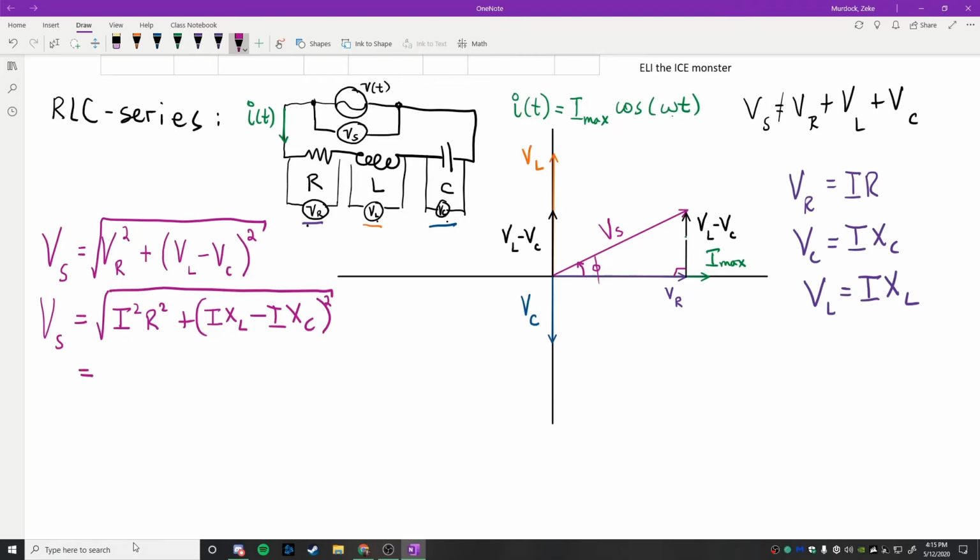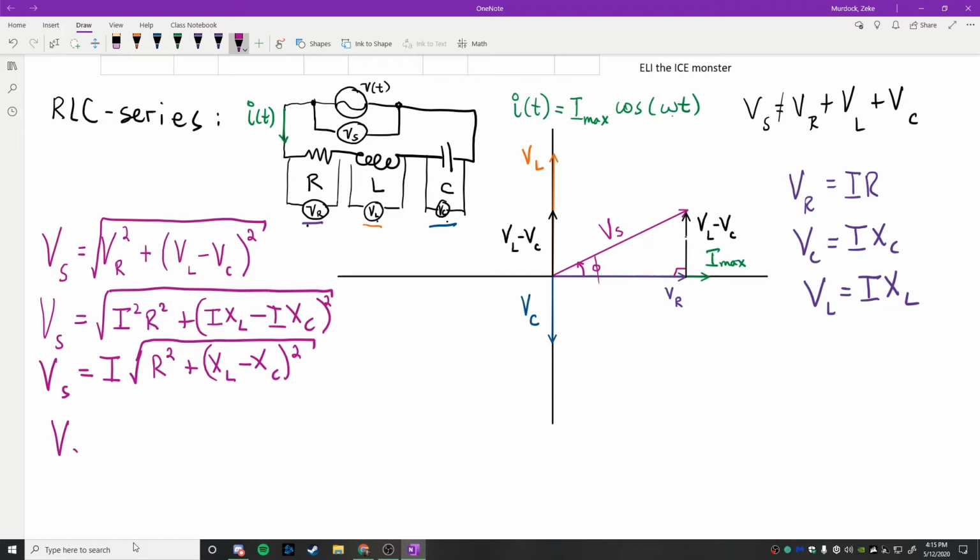So if we want to pull the I out, we get I multiplied by the square root of R squared plus X_L minus X_C squared. See, every term has an I squared in it, right? And then the square root of that is going to be equal to the voltage across the source.